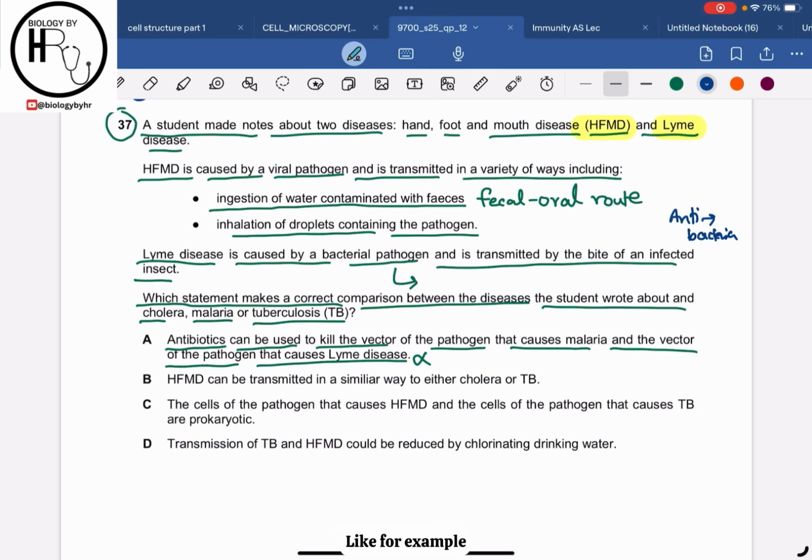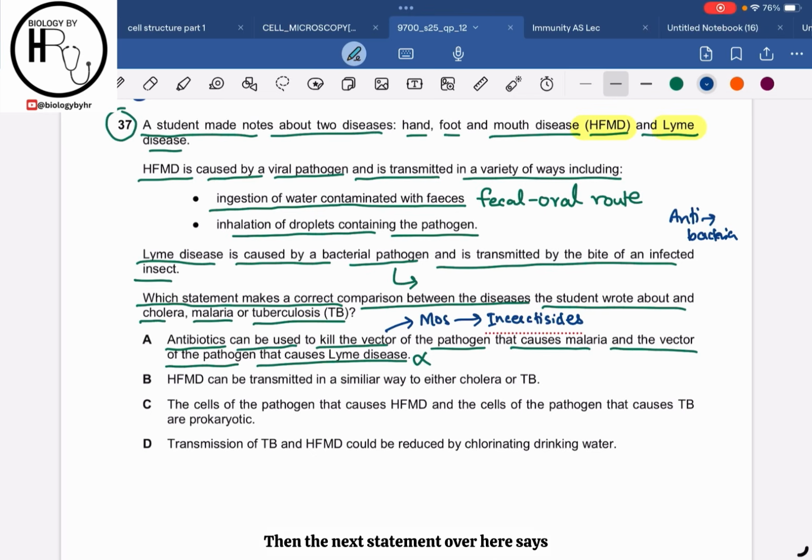Vectors like mosquitoes are controlled by insecticides, or you have to take environmental measures to control them.